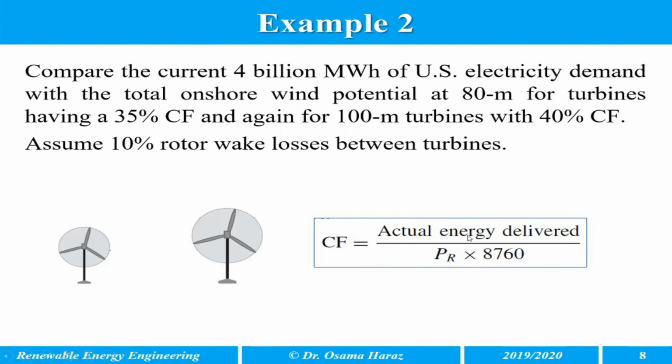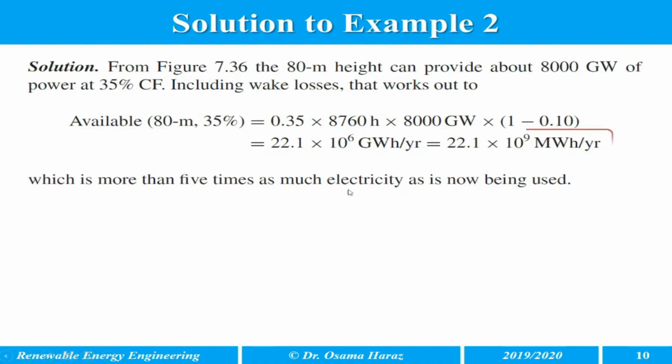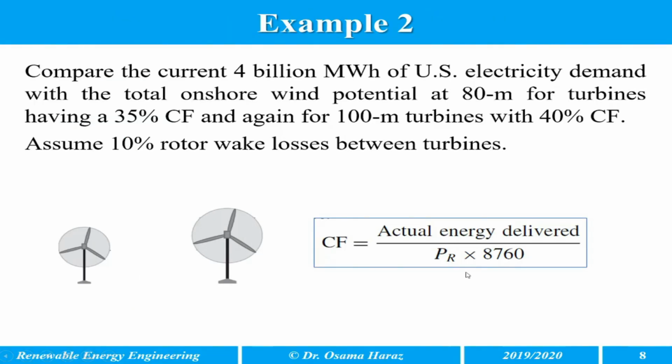CF equals actual energy delivered divided by 8,760 times PR, the rated power. So the CF for each turbine is known, and the rated power is known also.